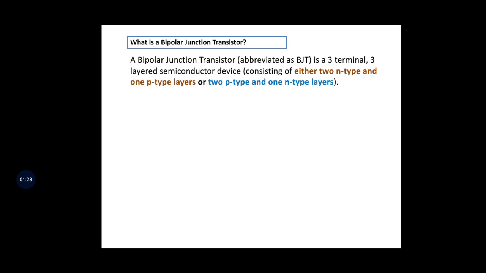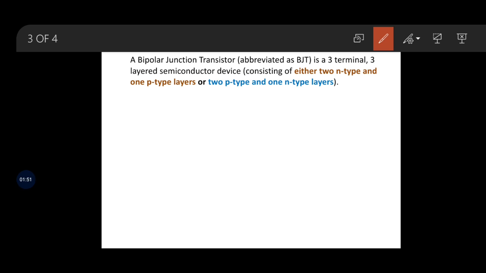In bracket you can see it consists of either two N-type materials and one P-type material, that is two N-type layers, and in between the two N-type layers there will be a P-type layer for NPN transistor, and if it has two P-type materials and in between the two P-type materials there is an N-type semiconductor, then obviously that type of semiconductor will be PNP type.